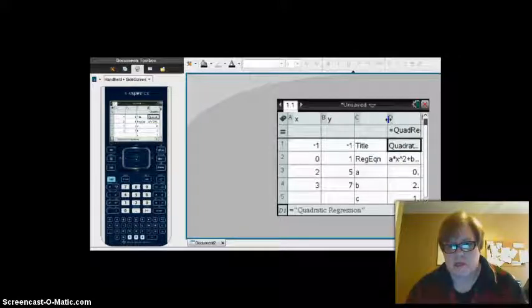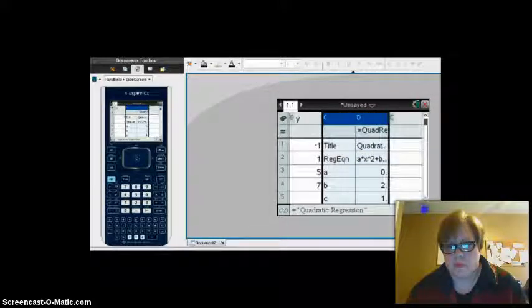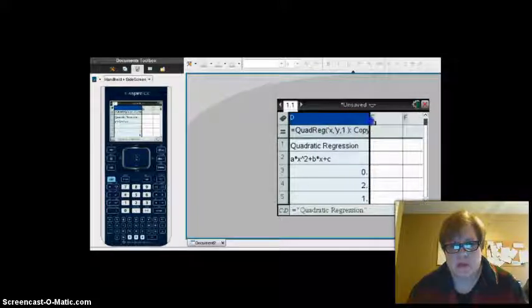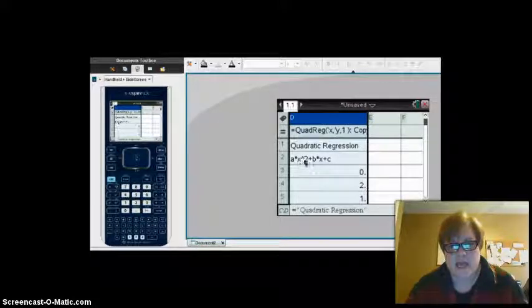Okay, so now back on our screen here we have this. I'm going to stretch that out just a little bit, and you can do this on your calculator, but I just want you to see that there's more there. It says ax squared plus bx plus c, and this is our a, b, and c. So I'm going to bring that back to my paper.